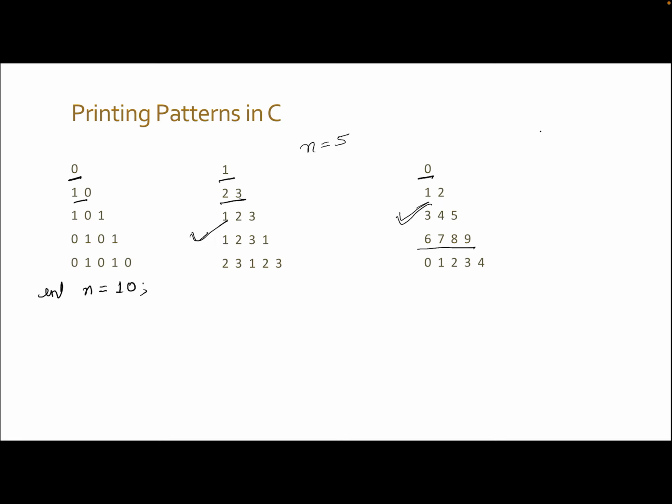So I am again taking a variable int num digits, and I am using 10 digits to print this pattern, and I am also creating variables i and j, and I am also creating a variable num which is initialized by 0.